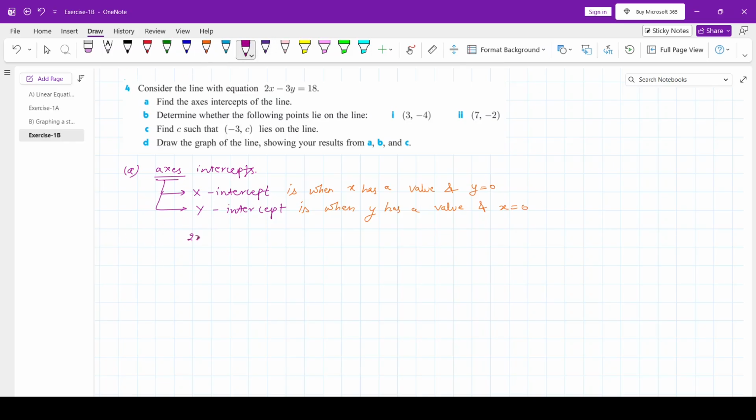So taking this equation, 2x minus 3y is equal to 18. First, we'll put y is equal to 0. So what will we get? We'll get 2x minus 3 into 0 is equal to 0. That will give us 2x is equal to 0. Why did I write 0 here? It is 18. I'm sorry guys.